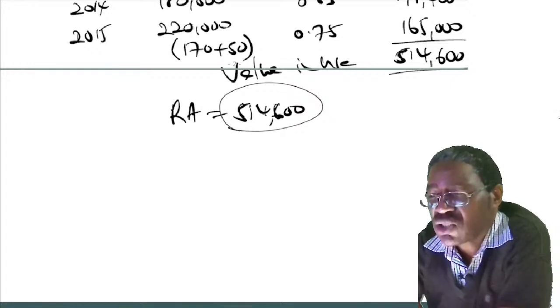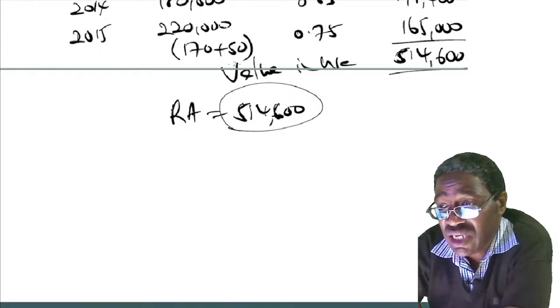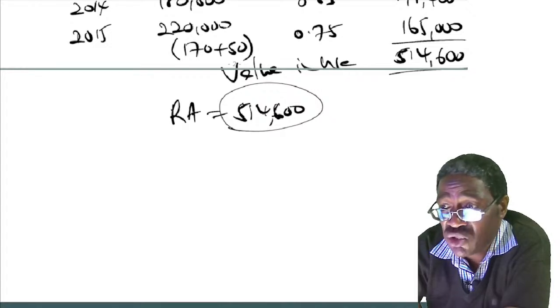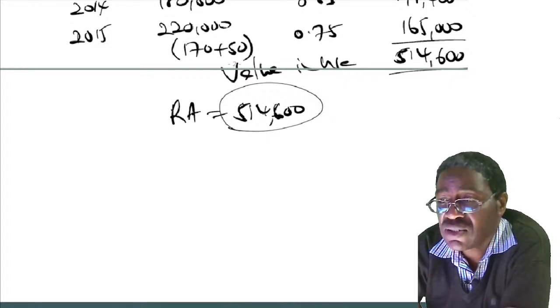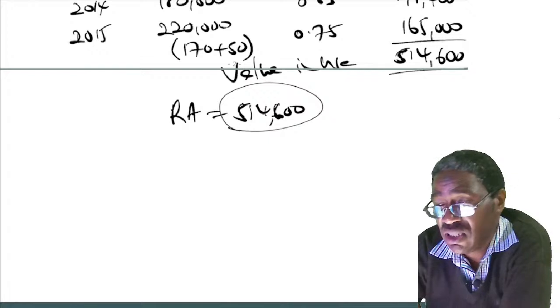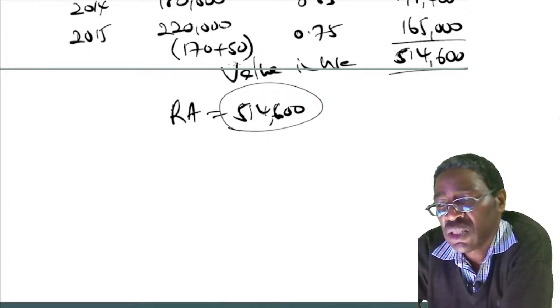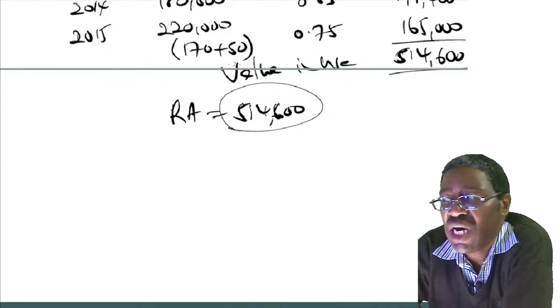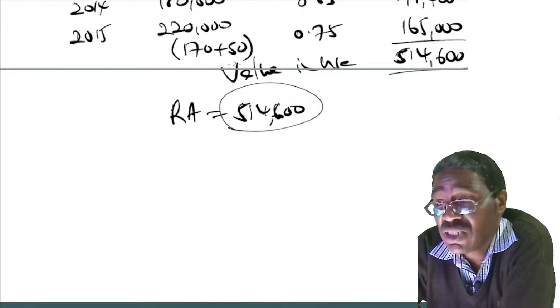The carrying amount of the plant is 500,000 shillings, and its recoverable amount is 514,600.